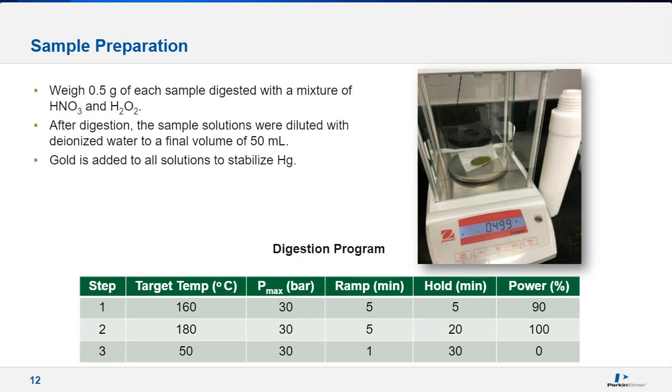We would then add nitric acid and peroxide to each sample, allowing the samples to react. Then we allow for some pre-digestion, and then once that reaction has subsided, the vessels are then capped, they're closed off, and put into the microwave for digestion. A typical digestion is shown here on the slide. And then once digested, the vessels are allowed to cool, and then the sample volumes are made up to 50 milliliters.